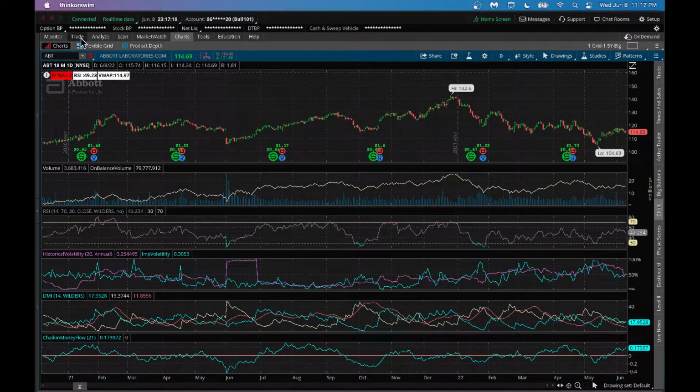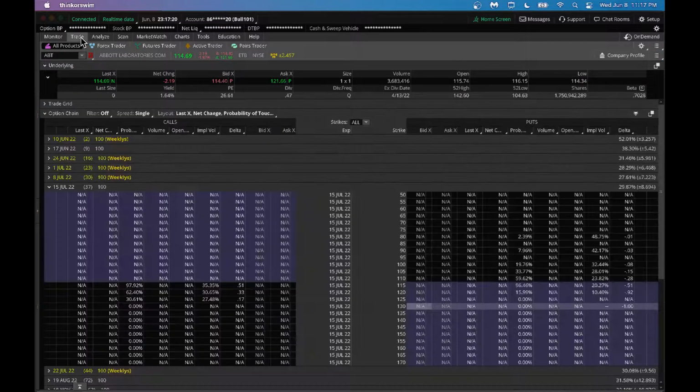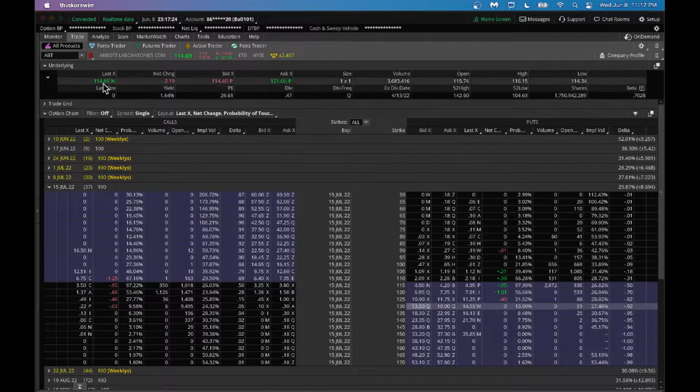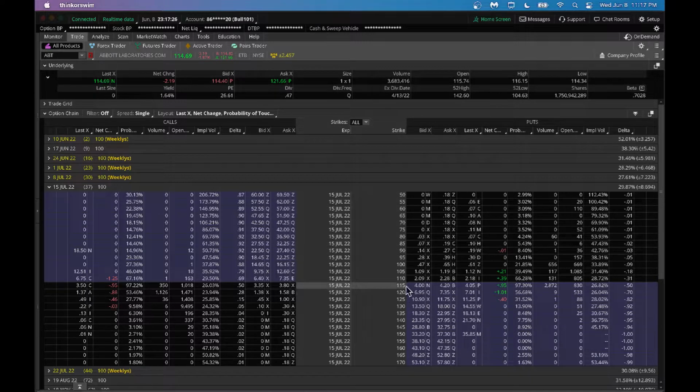I would go here to trade tab and initiate a sell put option. Right now stock price is around 114. I'm comfortable to sell put option, maybe say around like right here, 39% probability of touch here, a little bit high. If you're conservative, you could go even here at $100. That's pretty comfortable. I would be selling a put option either at 105 or $100.